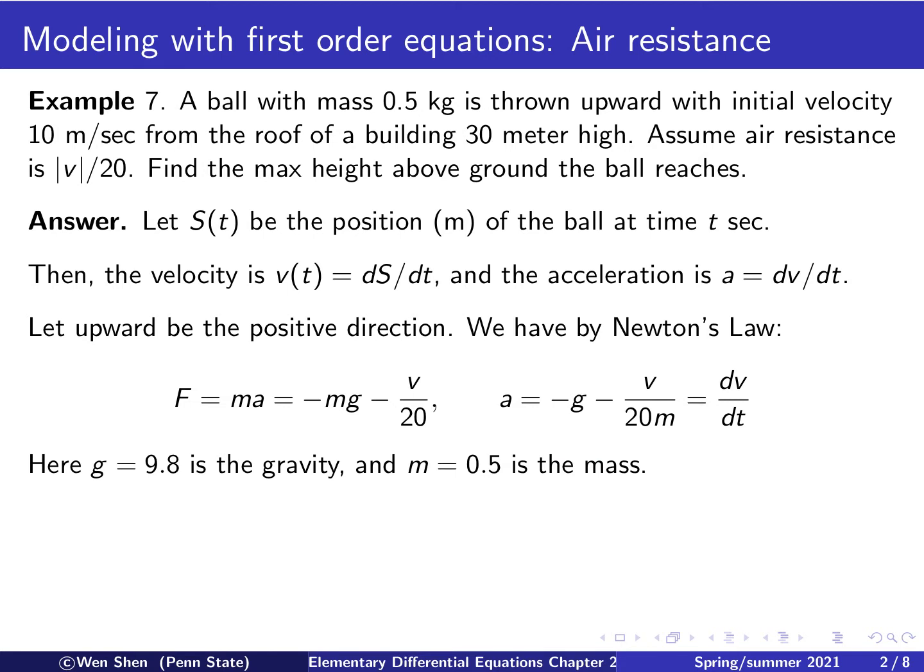Okay, so since we are in the metric system here, then the gravitational constant is 9.8, and the mass of the ball is given, which is 0.5.